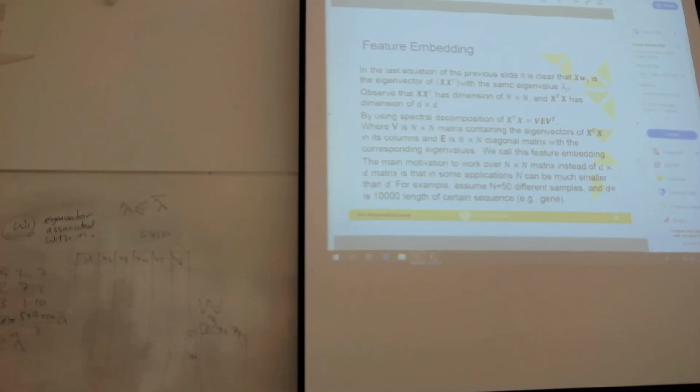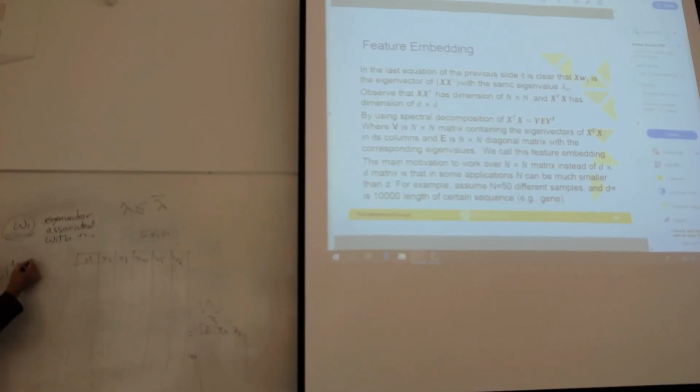And when it is applied, sometimes we have, let's say, 50 different samples, and D can be, for example, 10,000 in length, like in gene applications. I will explain why we are doing this. We have seen that we need to calculate the covariance matrix.